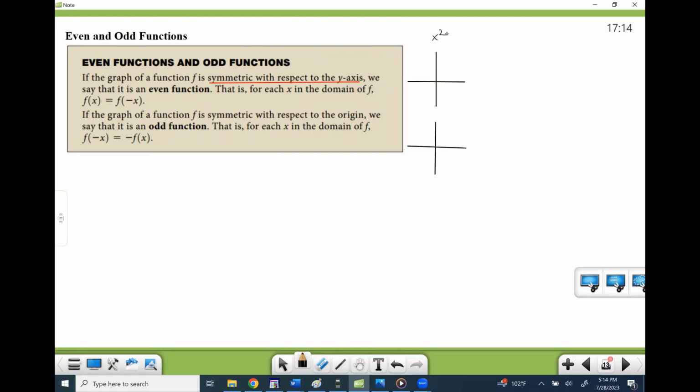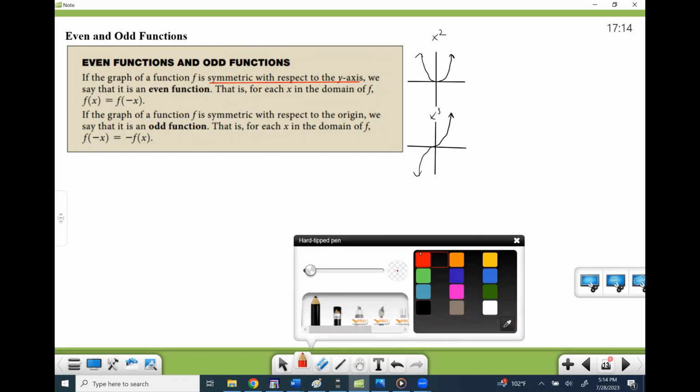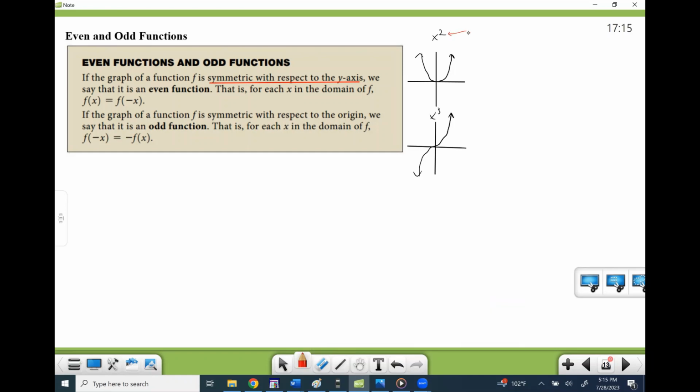So x squared looks like this, versus x cubed, which looks like this. Well, notice that for x squared, the exponent is even, and for x cubed, the exponent is odd.